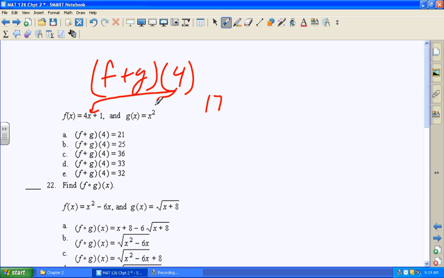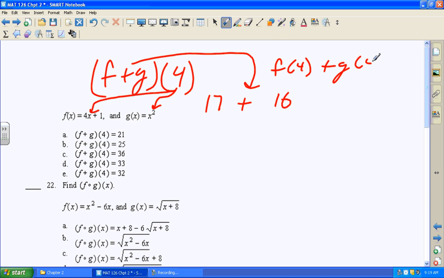You put 4 in the equation for g and you get 16. And this says you add them together. Plus sign. So it's f of 4 plus g of 4. Okay? So you should end up with 33. D. Yeah. Okay.